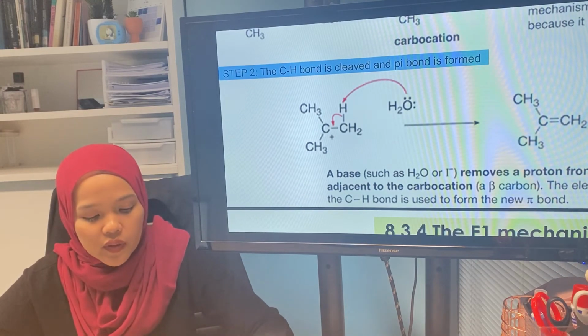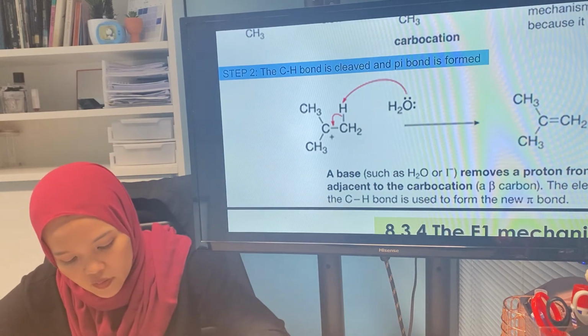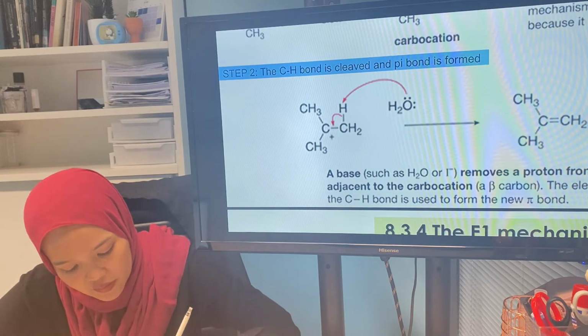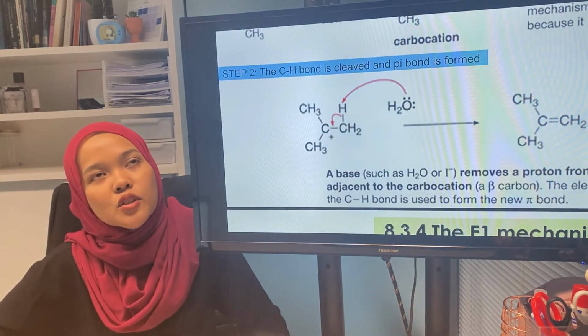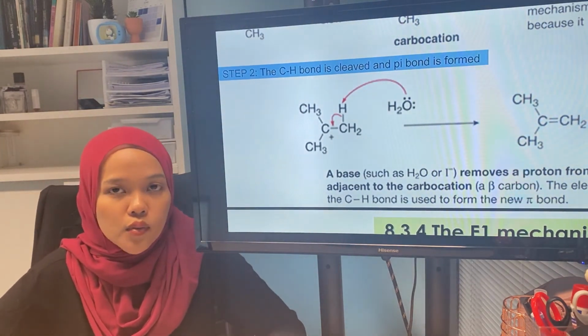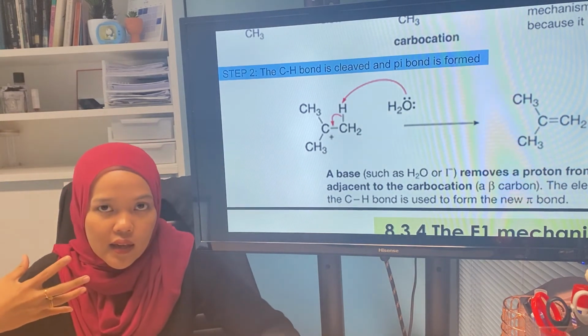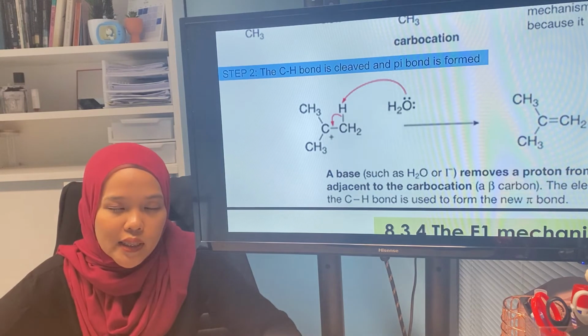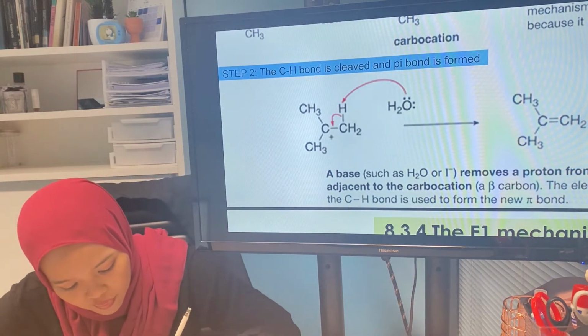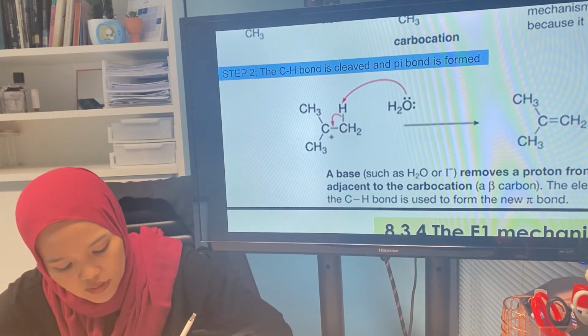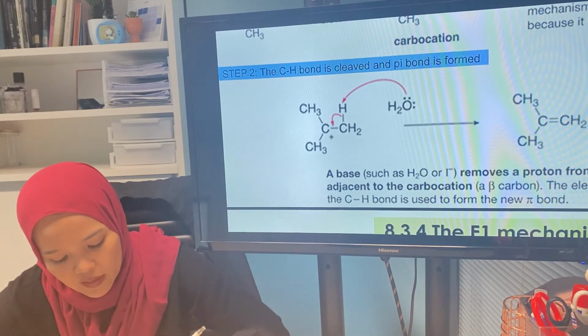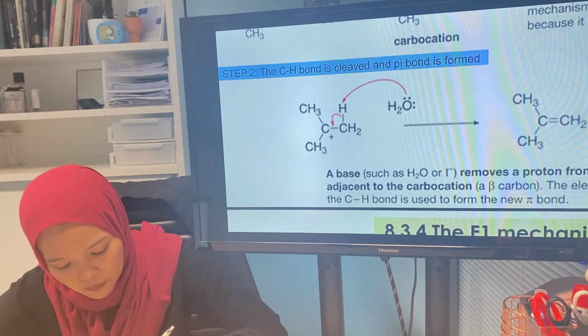In step 2, usually when it comes to the E1 mechanism, we will use a weak base such as water, because water is a neutral compound, so it is a weak base. Usually when it comes to water, I like to draw the complete structure.